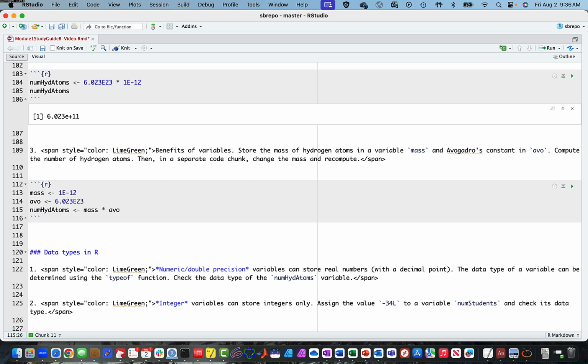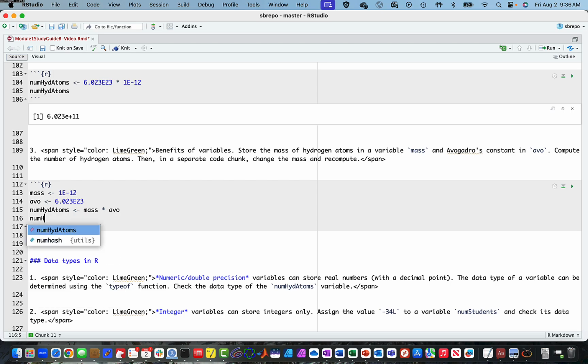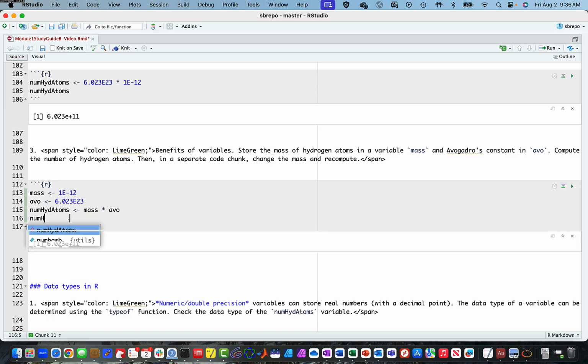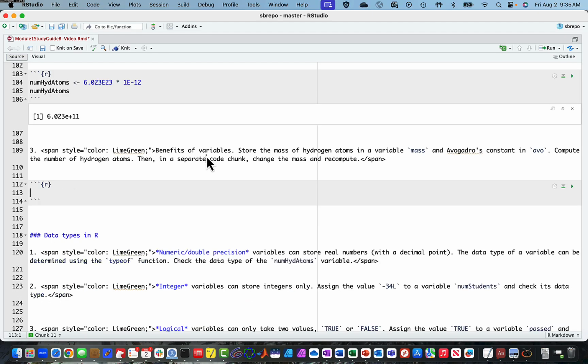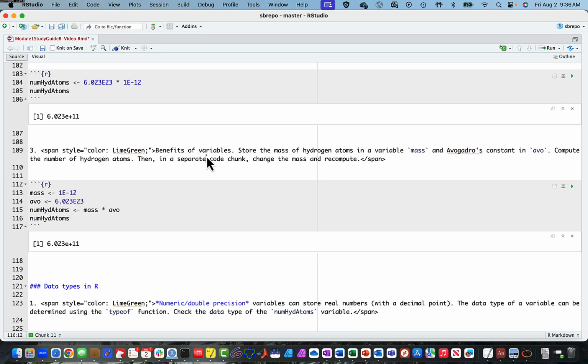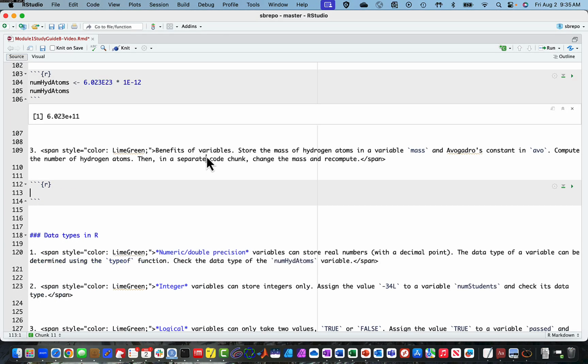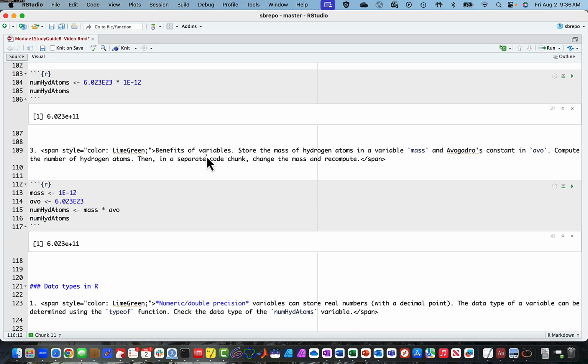And we can add a statement to echo back the value of the number of hydrogen atoms and run this code chunk. And now we have stored data in two variables, two memory locations called mass and avo, that we can use over and over again in subsequent calculations.